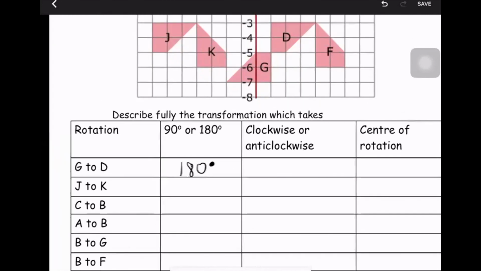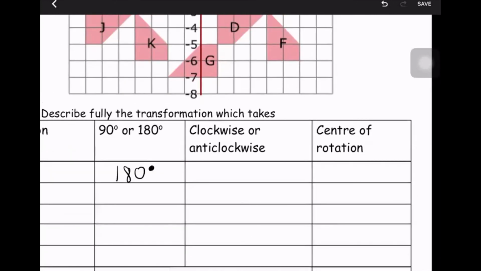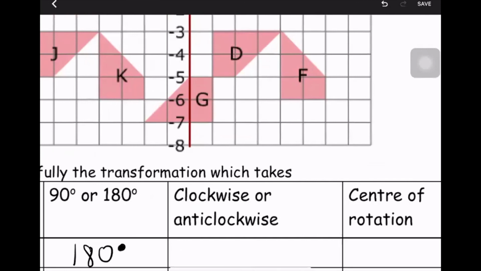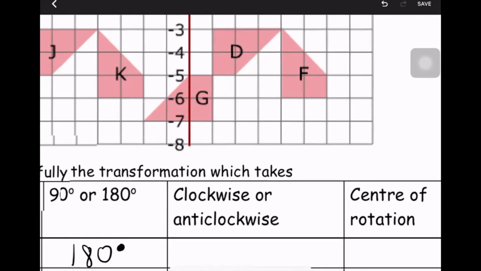Now if you look at G, can you see how they're flipped? So well done, it is 180 degrees. Now, does it matter if you go clockwise or anti-clockwise if it's 180 degrees? It doesn't. So with 180 degrees, it doesn't matter. You can write half a turn, you can write clockwise or anti-clockwise. That's okay.